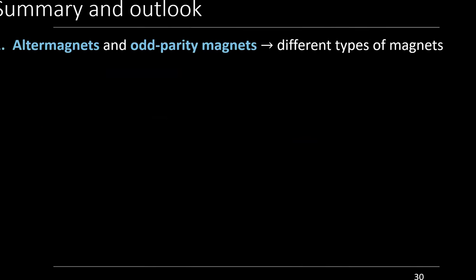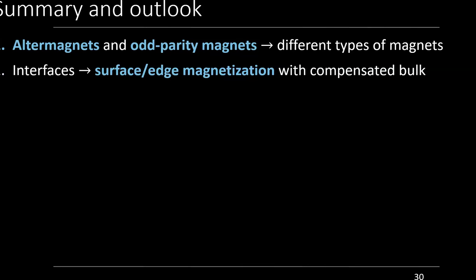So, since my time has run out, let me conclude and summarize the key points that I made in this talk. First of all, I introduced you to altermagnets and odd parity magnets as different types of unconventional magnets. I showed that interfaces that break the symmetries that protect vanishing magnetization can lead to surface magnetization and could be actually harmful for miniaturizing devices.